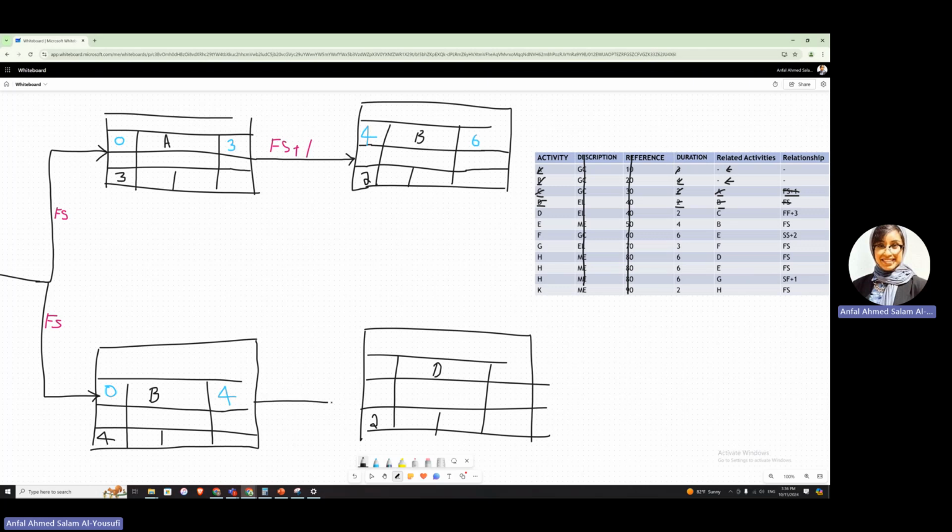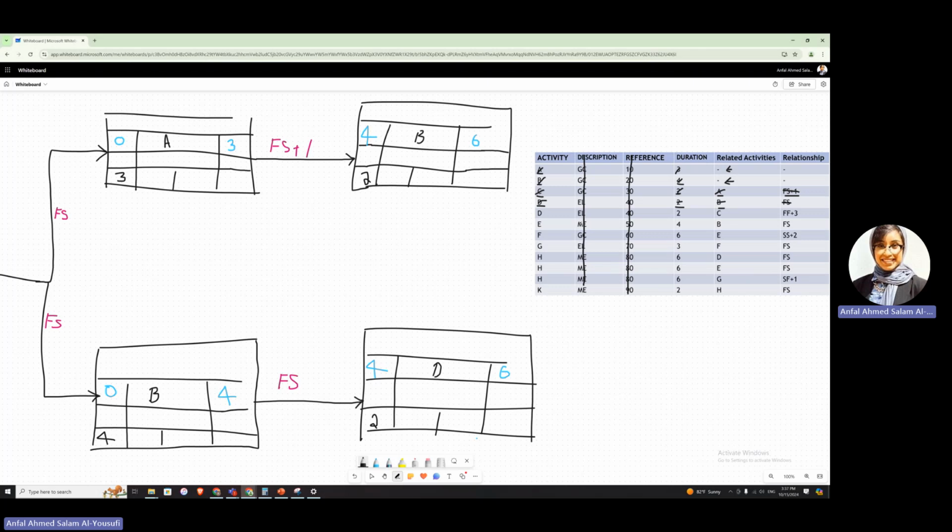Okay, so I'm going to draw one line towards D and it says it is finish to start. In this case, I can directly say the early start: I need to finish B to start D, so that is 4, meaning I'm going to start this one on day number 4 and finish it on day number 6. Okay, let's go do the second one.